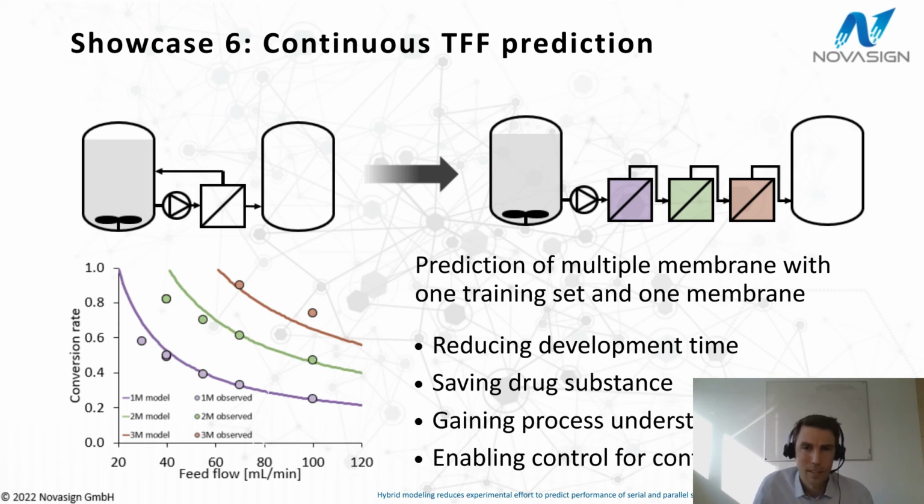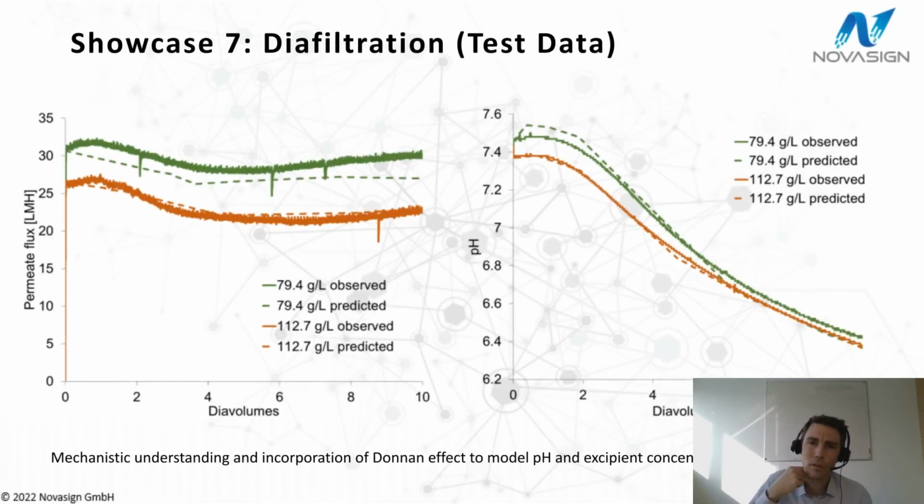And in the long run, it also helps you enable advanced process control, because when you know how these curves behave as a function of changes in the input, you can revert it and use it for process control. The last thing I want to show you is diafiltration. All of the things shown before are already published.